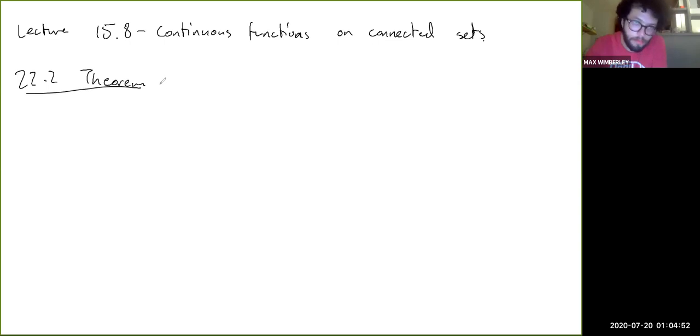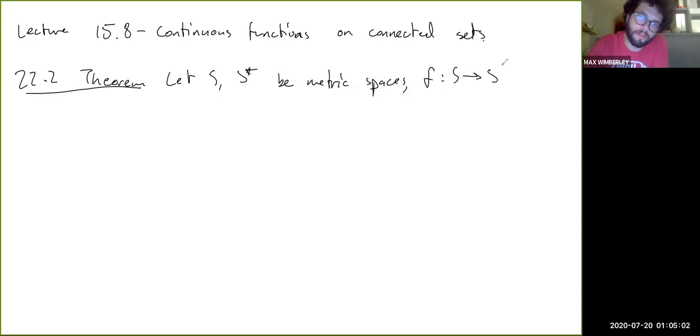So let S and S star be metric spaces and F from S to S star is continuous.